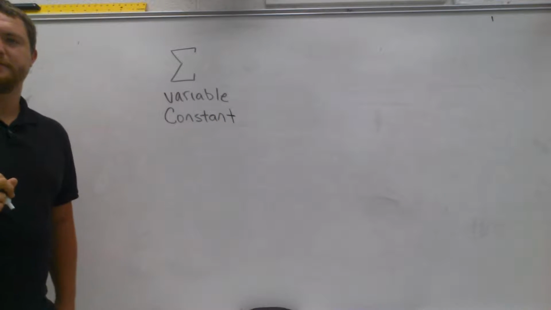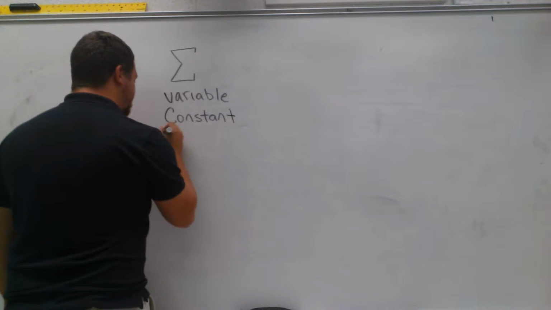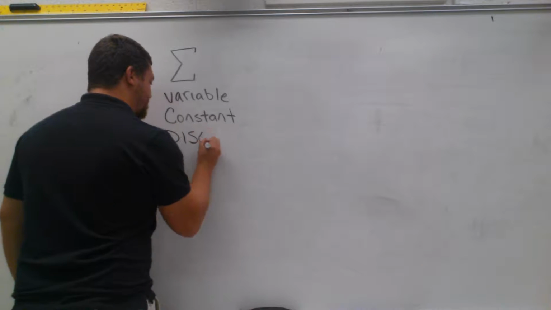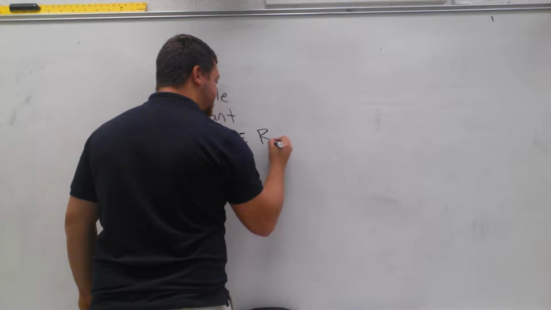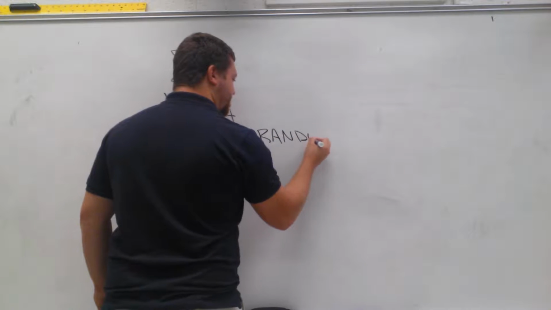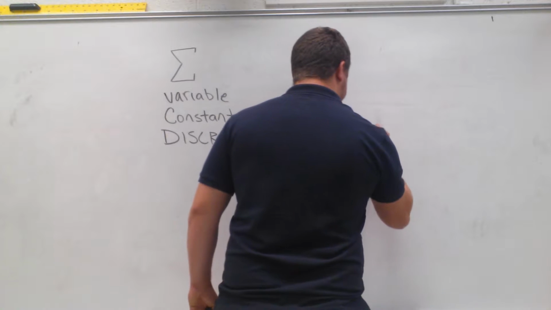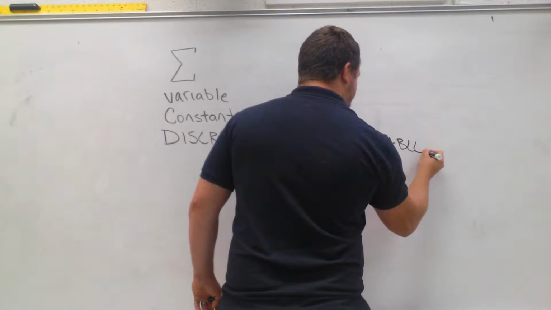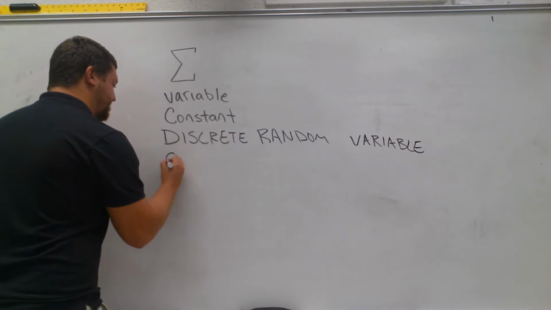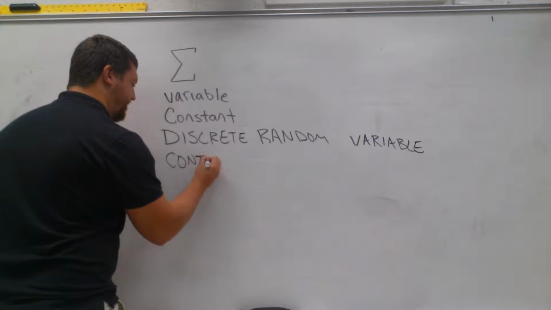We're going to talk about these you don't know. What a discrete random variable is. Okay. We're going to talk about what a continuous random variable is.